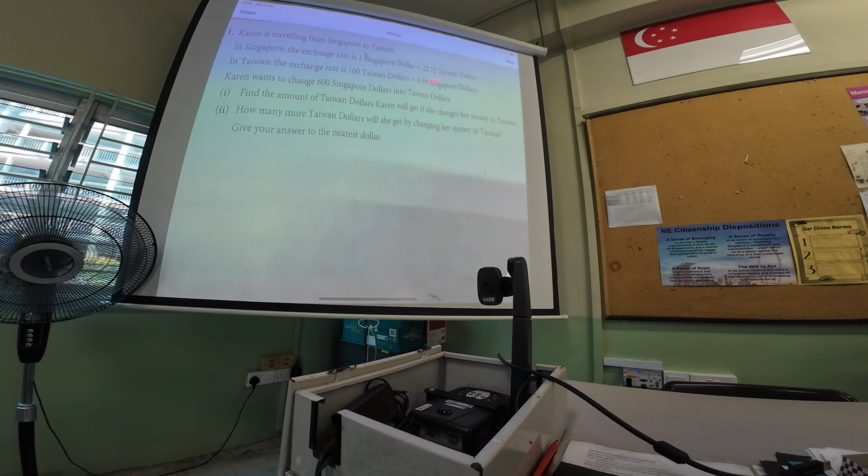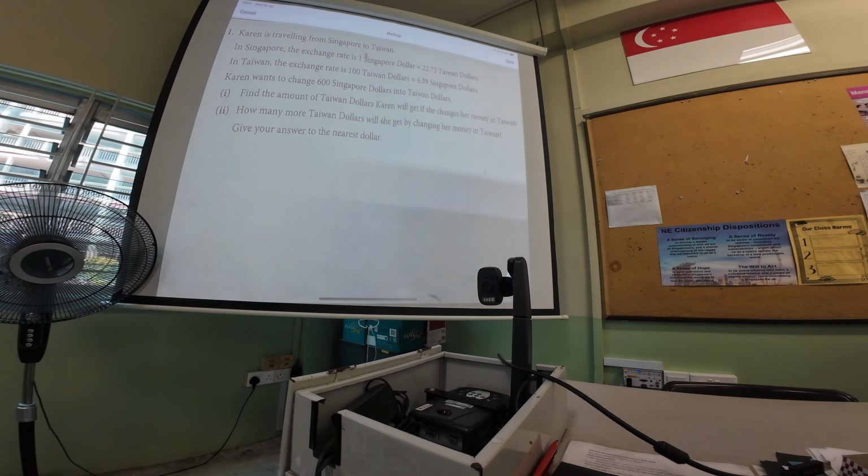Okay, now got two exchange rates. In Singapore, this is the exchange rate. In Taiwan, there is a different exchange rate. So this is the story. When you want to change money, go where it is more worth it to change. Malaysia is also like that.